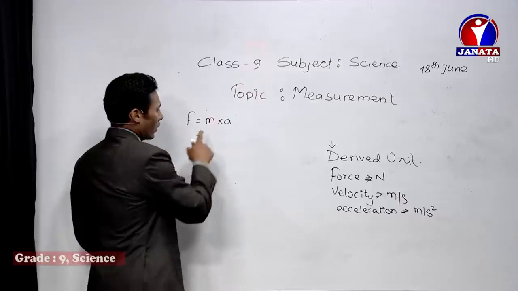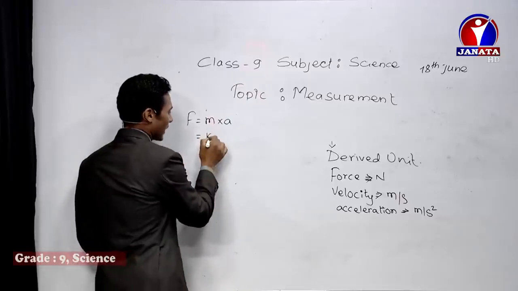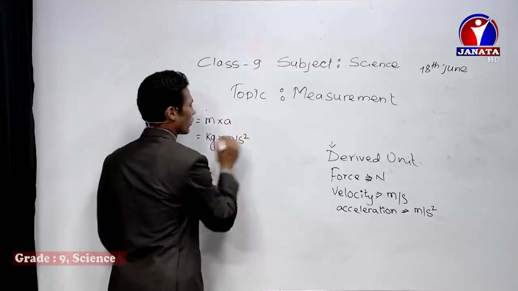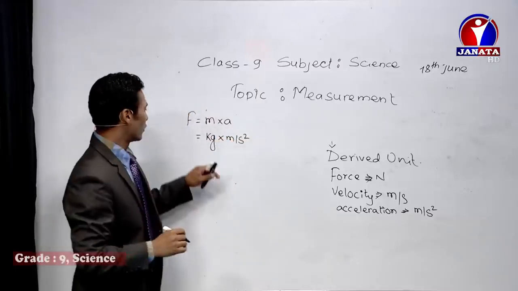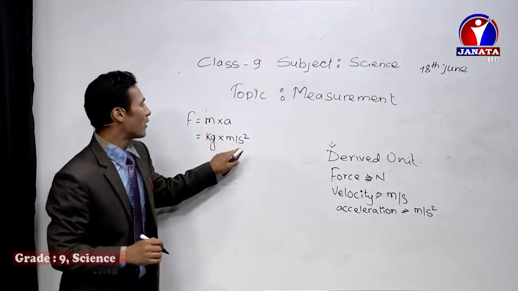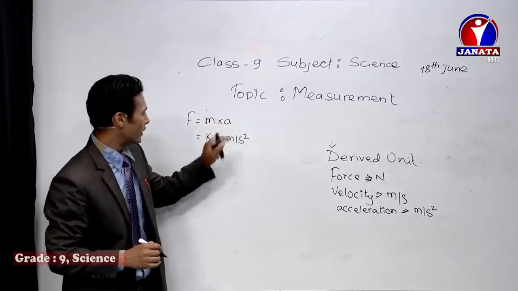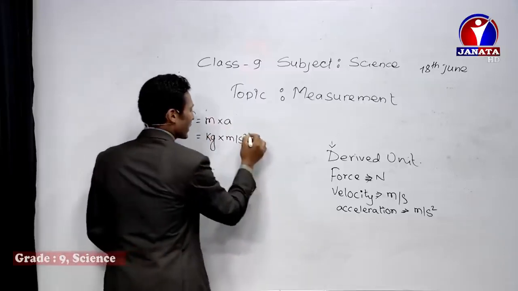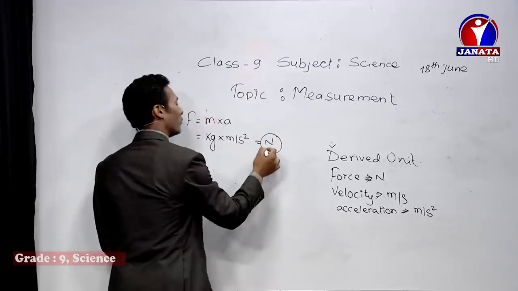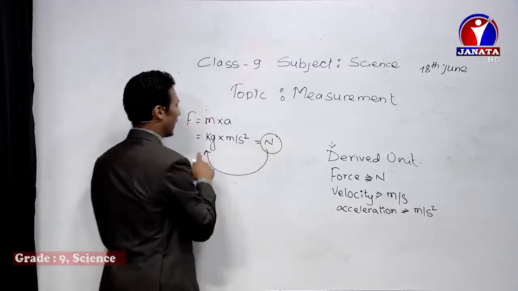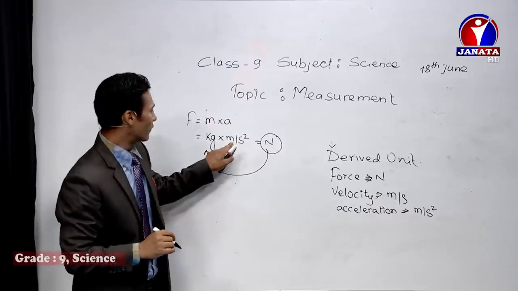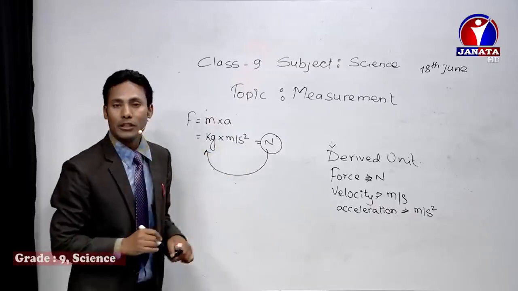Now, what is the unit of mass? It's kg, and acceleration is meter per second square, right? So kg is the unit of mass, and meter per second square is the unit for acceleration. This combined is called the Newton, and this Newton can be explained in terms of kg, the unit of mass, meter, the unit of length, and second, the unit of time.